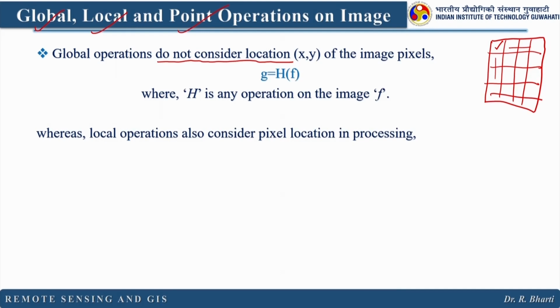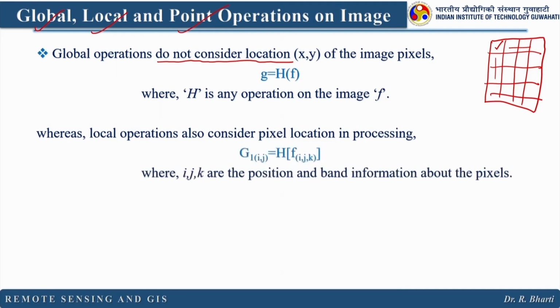Here H is any operation on the image F, right? Whereas local operation also considers pixel location in processing. So in local operation, we need to define which area you want to process or enhance. Then you need to define the location of this and this pixel, and only then will this qualify as a local operation.